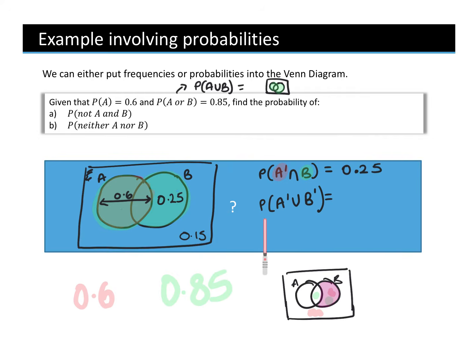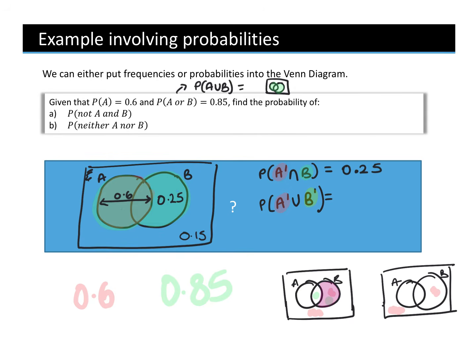Now here, again, if I was to do this, I would draw this out. So step 1, quickly draw a Venn diagram. We will get better at this, and there are some rules that we are going to learn further on. Now, again, my A dash, not A, in red. Not A is this part, and not A is this part. My B dash, not B, I'm going to do it in green.